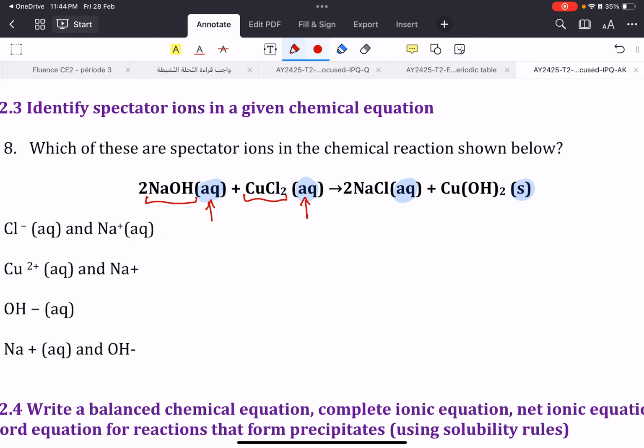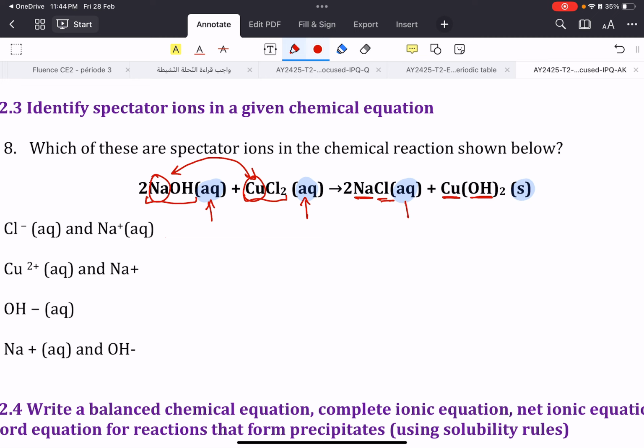You need to check when we switch the first metals together, look, the Cu and the Na replaced each other. Now it's the Cu coming with the OH and the Na coming with the Cl.